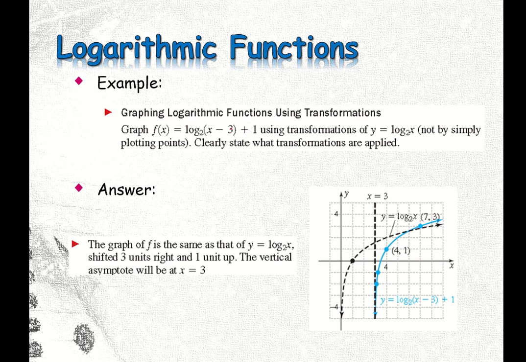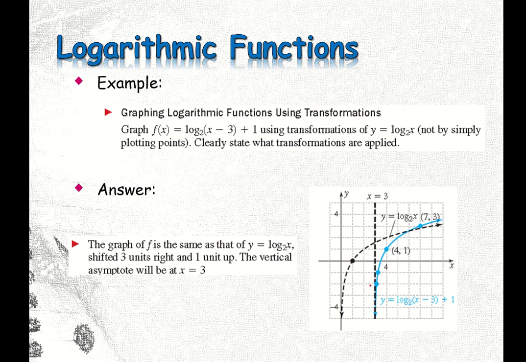And since x here is minus 3, the graph is shifted to the right 3 units. So from the y-axis, the graph is shifted 3 units to the right, and 1 unit up. So the graph moves 1 unit upward.